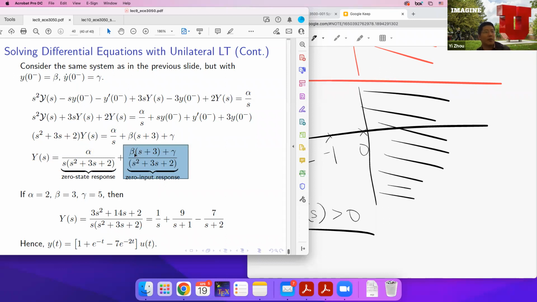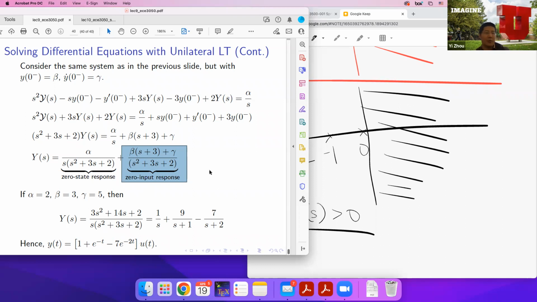Well, beta and gamma are the initial conditions. So in the special case where beta and gamma are 0, like in the previous example, this part becomes 0. So we only have this part of the unilateral transform. So we call this the 0 state response, which is the response corresponding to a 0 initial condition. And this one is the 0 input response, which corresponds to the initial condition beta and gamma, but with a 0 input.